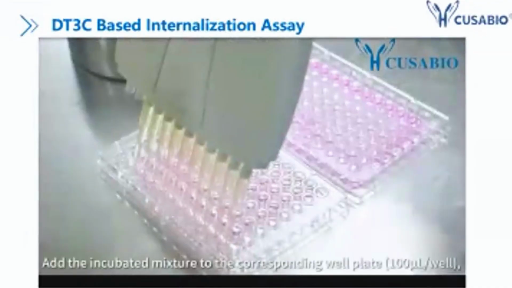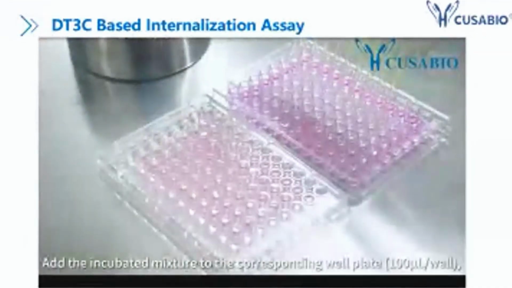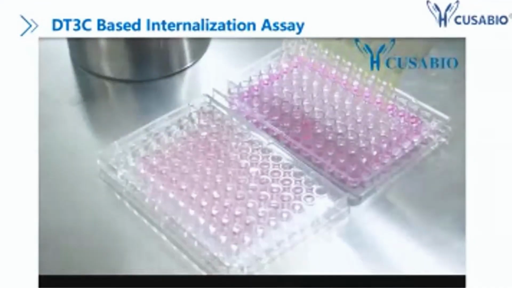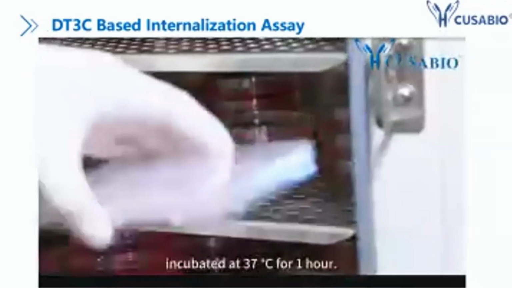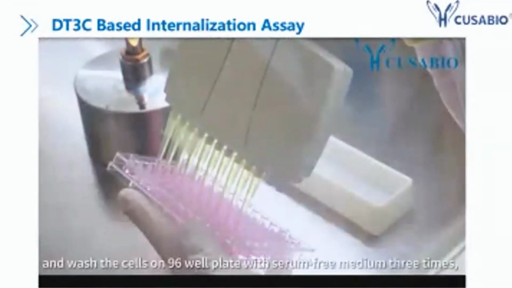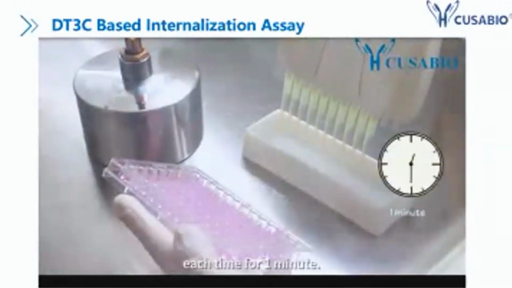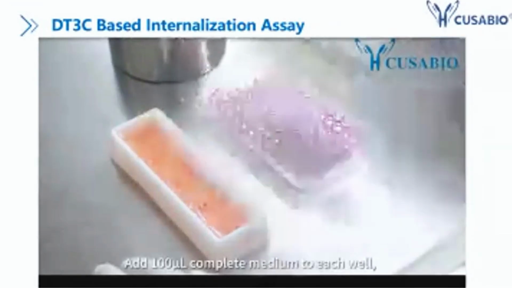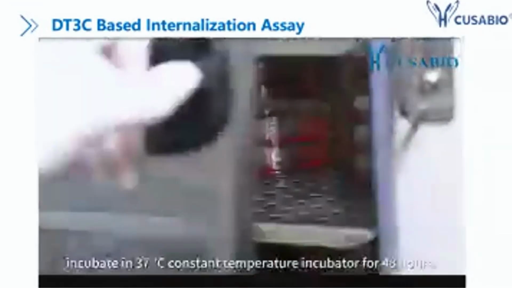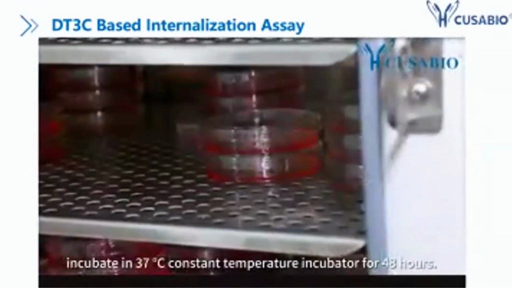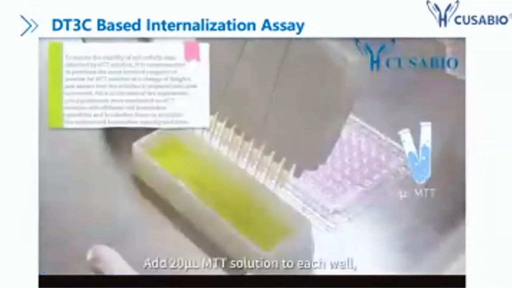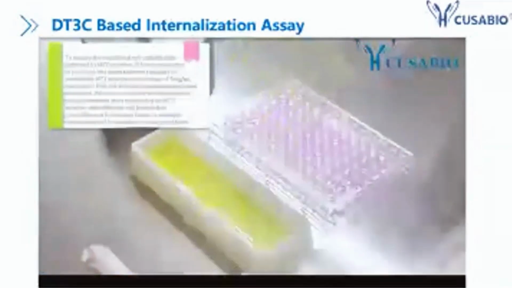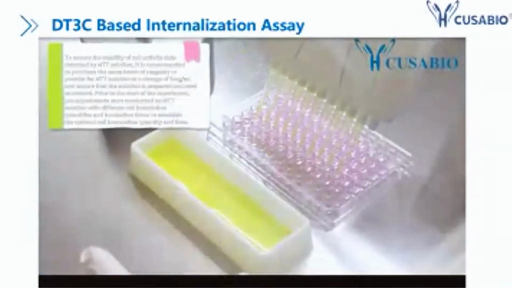Here we add the conjugate to the cells that we prepared before. After the incubation between the conjugate and the cells, the last assay that we performed here is the MTT assay.